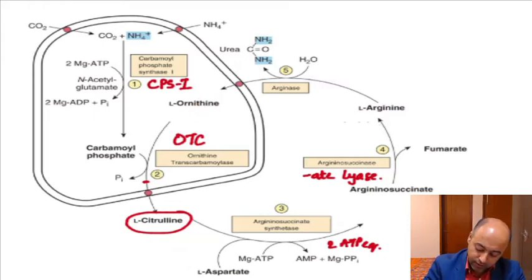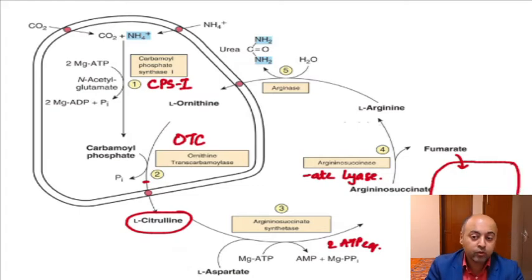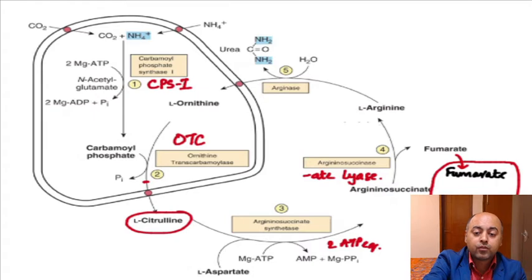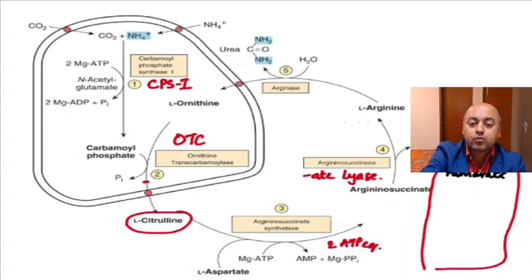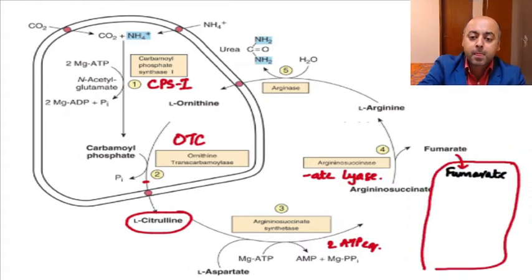Please note that this fumarate will enter again into the mitochondria, and in the mitochondria, fumarate first gets converted into malate.